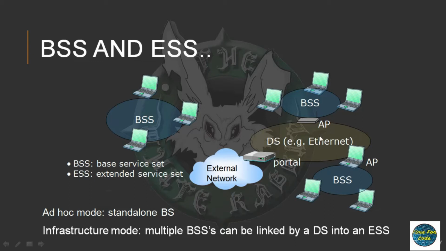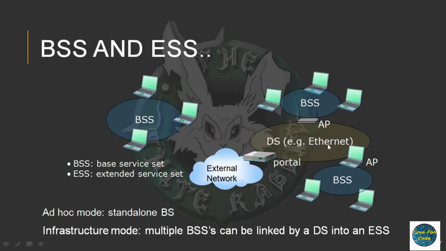Here we might have multiple access points that are connected to each other through a distribution system, such as an Ethernet-based distribution system. However, it can even be a wireless or Wi-Fi distribution system.